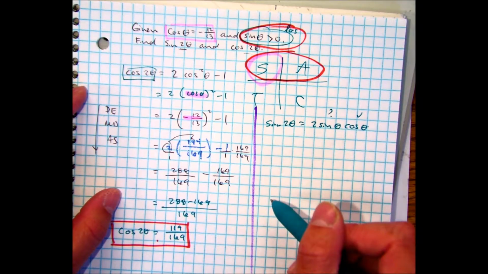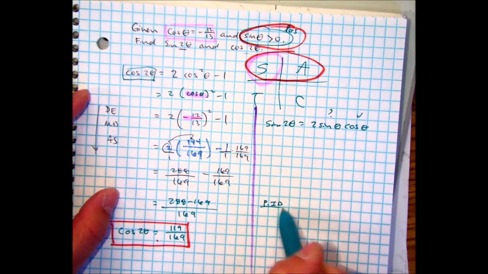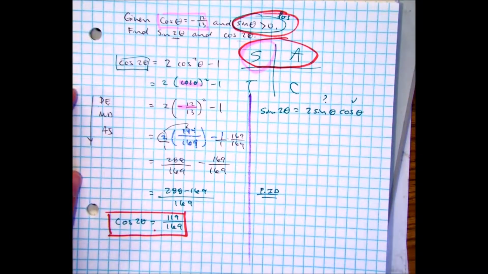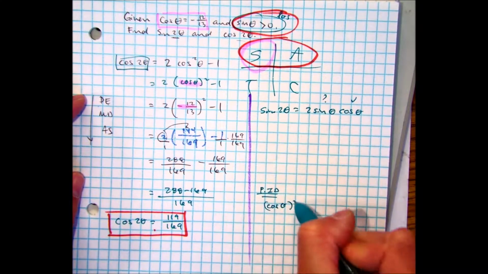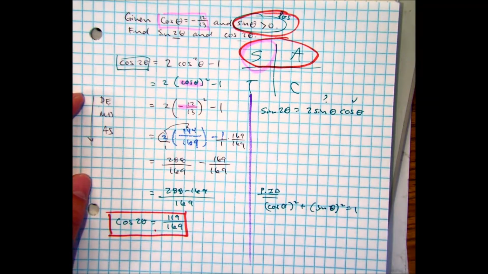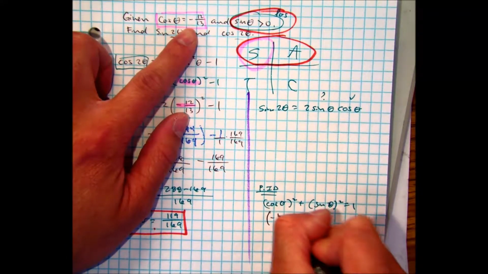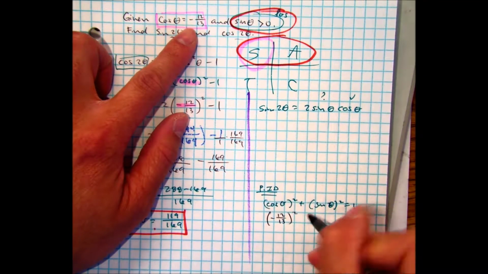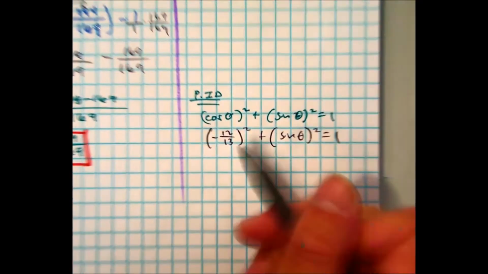The Pythagorean identity. The other fundamental identities we can still use. Cosine theta squared plus sine squared theta equals 1. I already have negative 12 over 13. Go ahead and square that. What do you get?